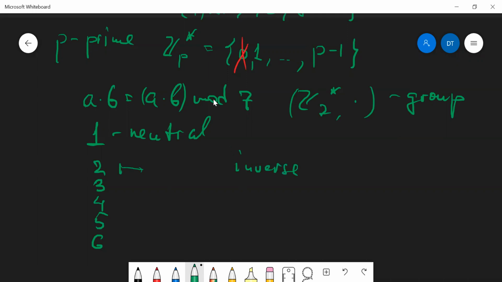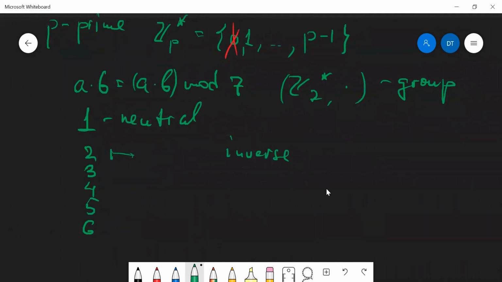What is the inverse element for 2? Six. 6 times 2 is, I'm not sure. Why 6?